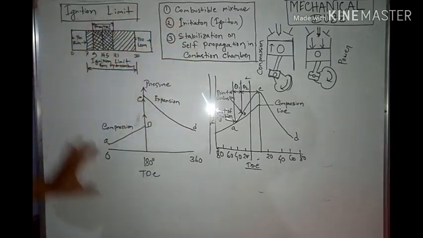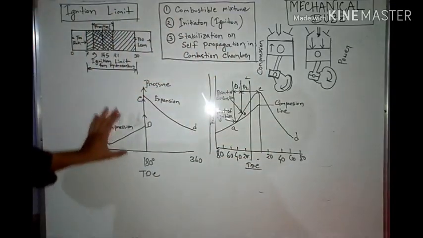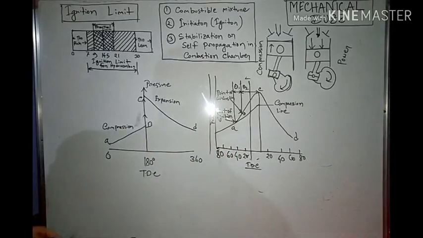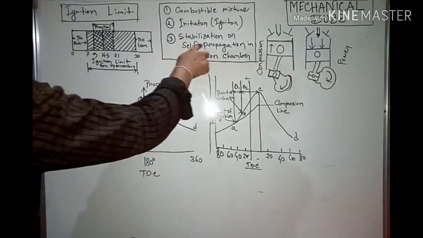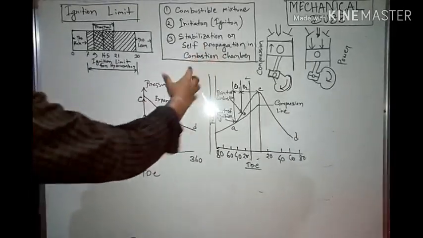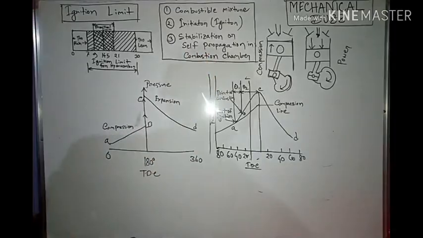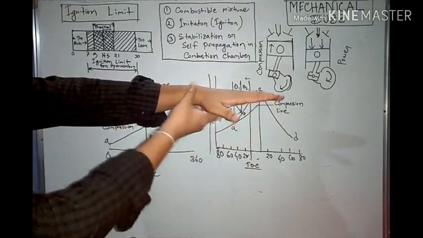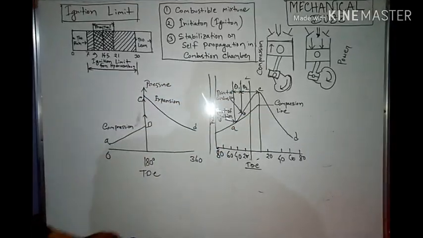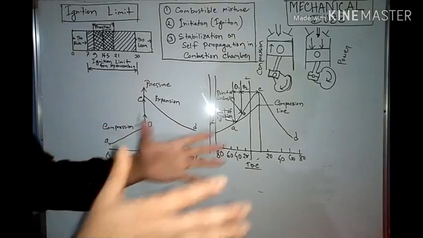That's what I'm going to explain here with this diagram. If you look very carefully, the third one, what I've written, is stabilization or self-propagation in the combustion chamber. What does that mean? Stabilization, stable, right? I'm in a stable position, my hand is in a stable position, or if you are riding in a car, you are going at a stable movement.